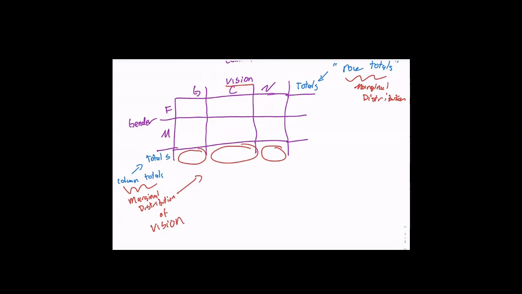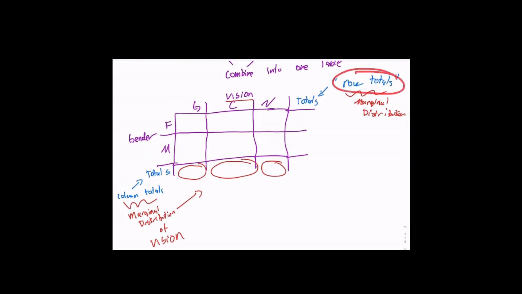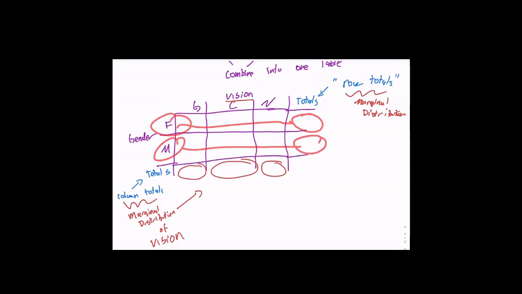So we would call this the marginal distribution of vision. So the column totals are the marginal distribution of vision. The row totals would be the marginal distribution of what? Now that's gender, yes.